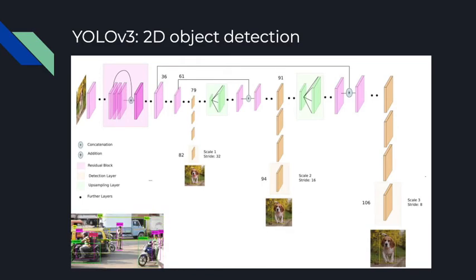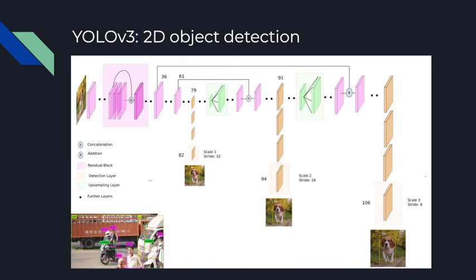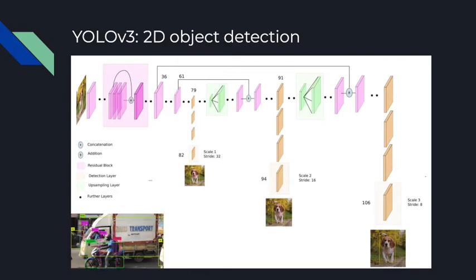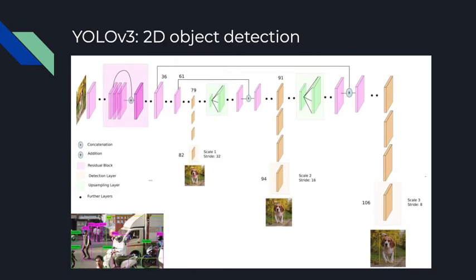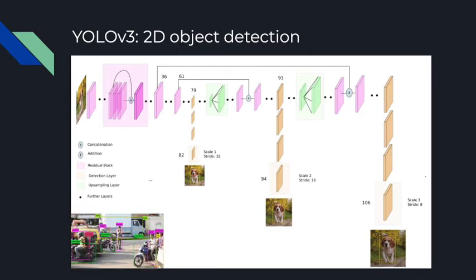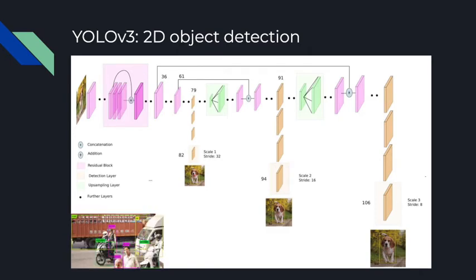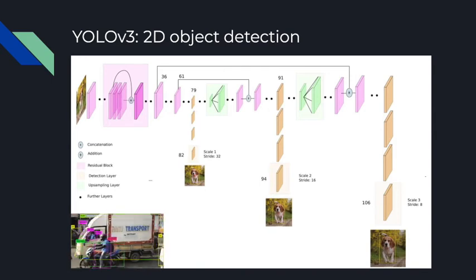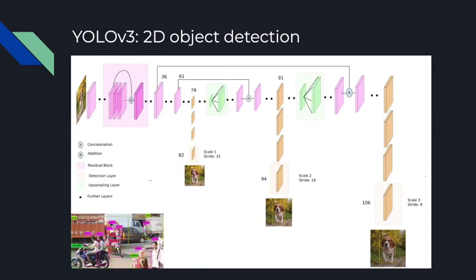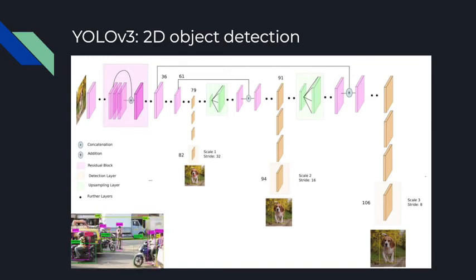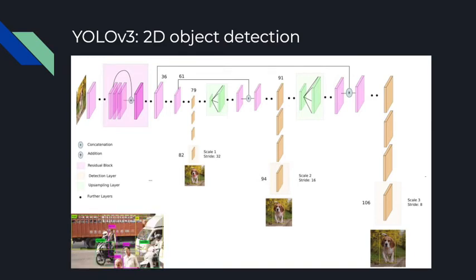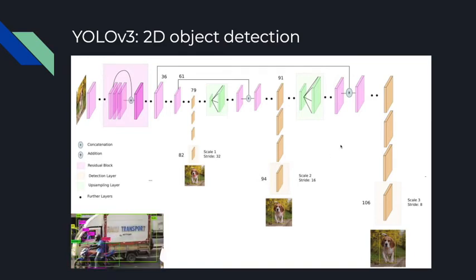It does predictions at 3 different scales. The idea is that it splits the image into grids, and for each grid, it predicts bounding boxes. By doing that in 3 different scales, it allows the model to predict large objects, medium-sized objects, and also work well for small objects.